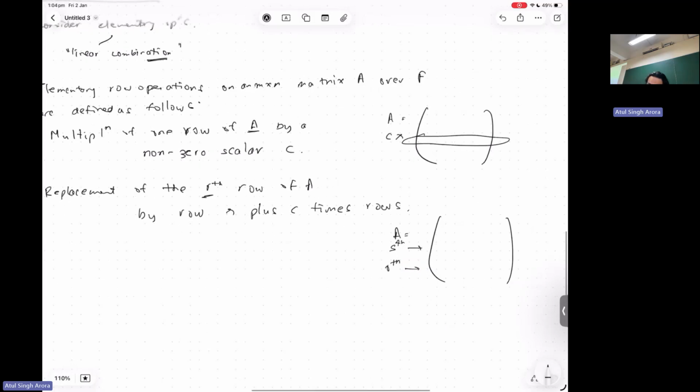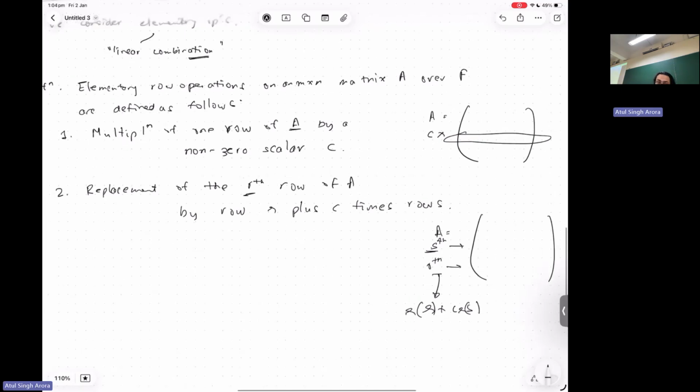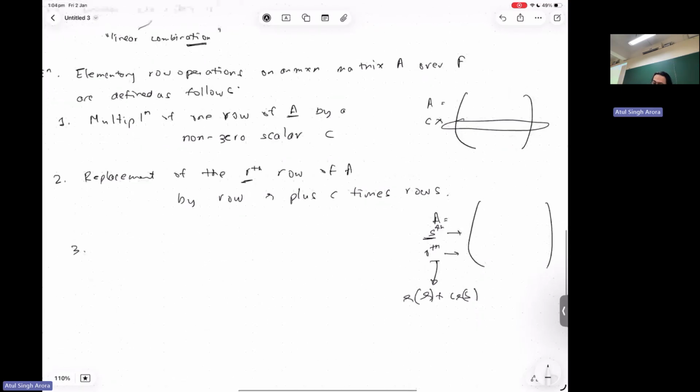What you're going to do is replace the rth row. So you take this s row, and let me just write it like this: you replace this with r plus c times s, like the row. Something like that. Is that okay? So you take each element and multiply it with the same scalar c. And the third one is basically you swap two rows, interchange of two rows.